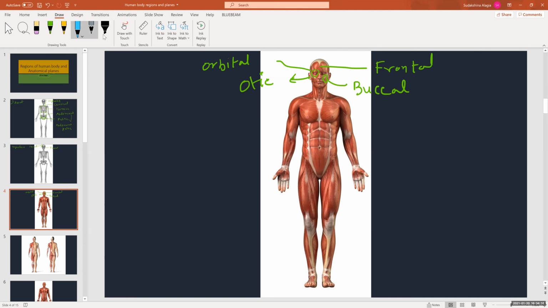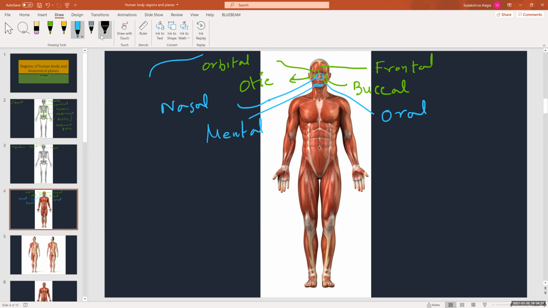Nose, nasal. Lips, oral. And the chin area, mental.